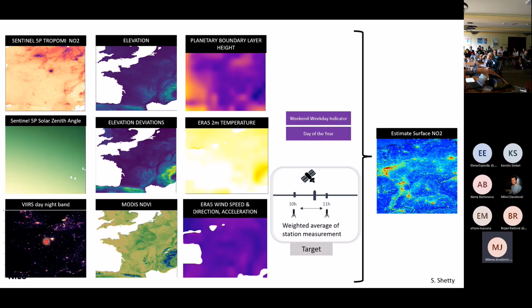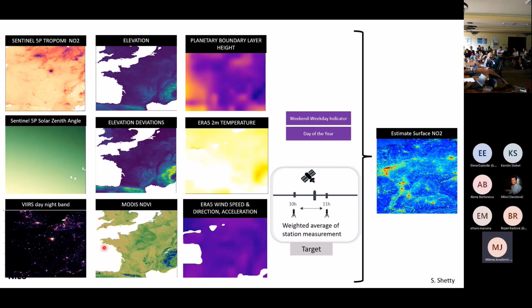There's a satellite called VIIRS that also measures at night and measures where artificial lights are. This is a really nice proxy for human activity and therefore for emissions. It also varies over time, so you can see if the city is growing. So this particular product will pick up that information and adjust the emission proxy accordingly.